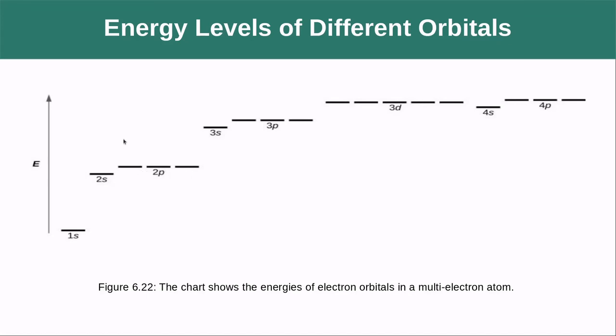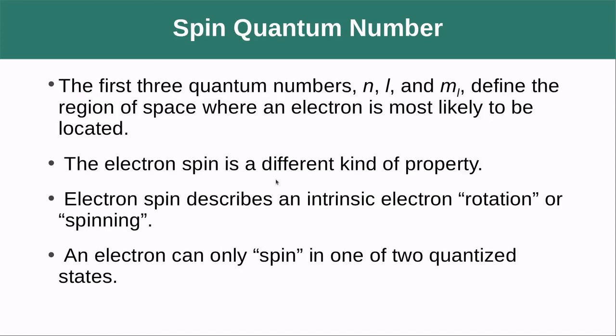But because pairing them requires energy, first we put one electron here, one here, one here. Then we start pairing them off, because each of these orbitals can hold 2 electrons. We'll talk more about that in a second.